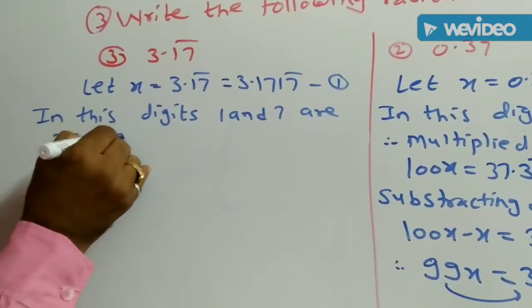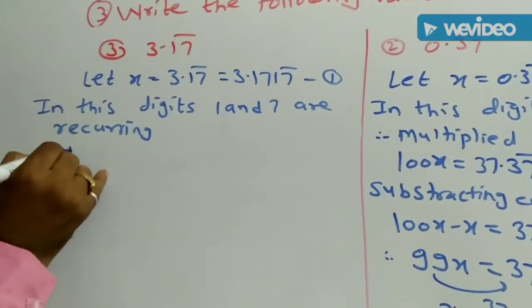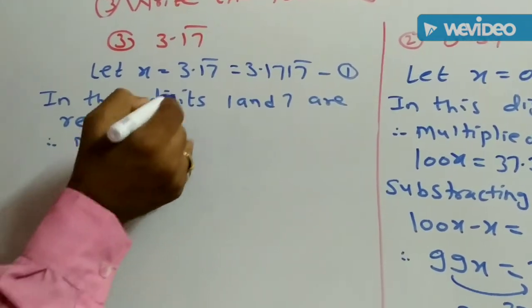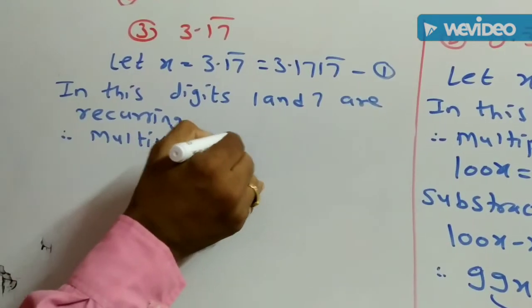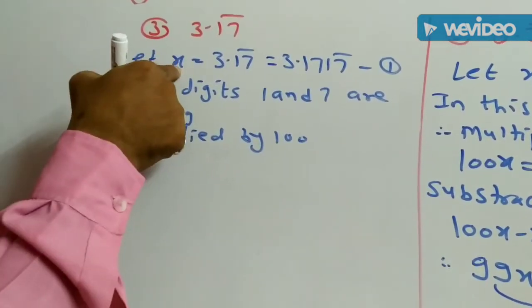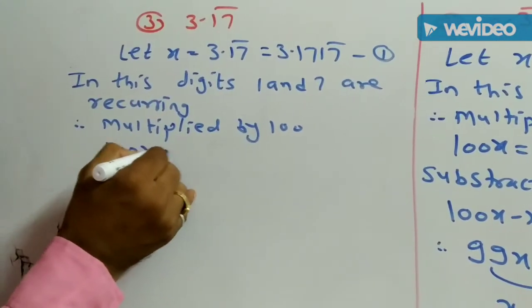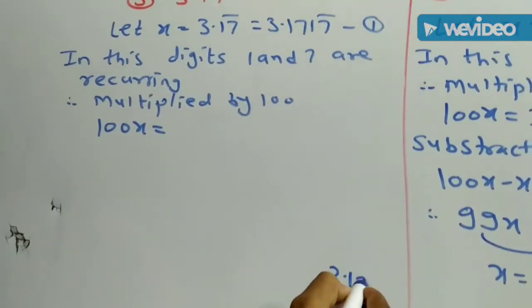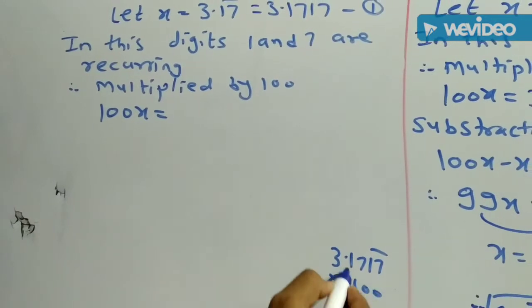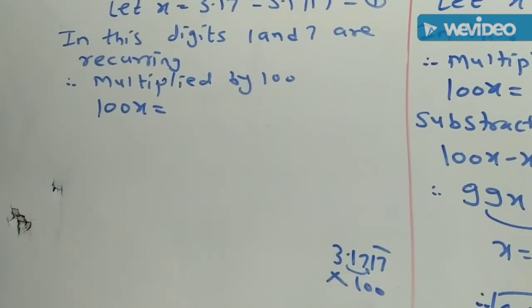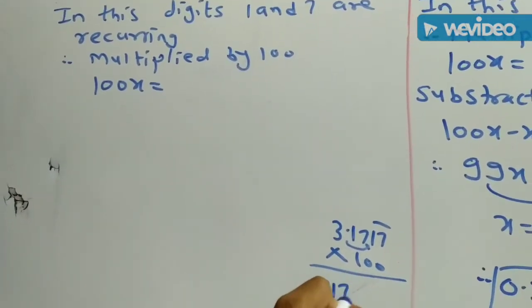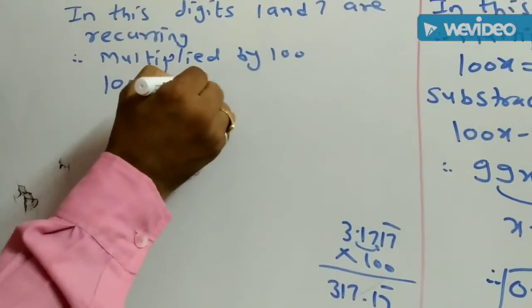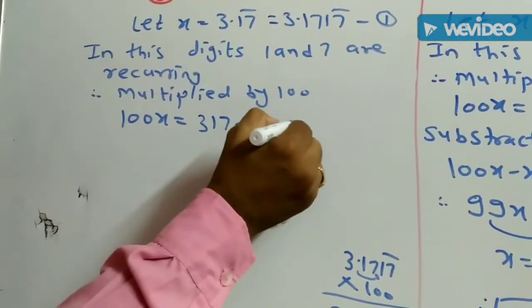And therefore 2 digits are recurring, therefore multiplied by 100. We get 100 into x, 100x. Now 3.17 bar into 100. That means again 2 decimal points are shifted to the right, 317.17 bar, equation 2.